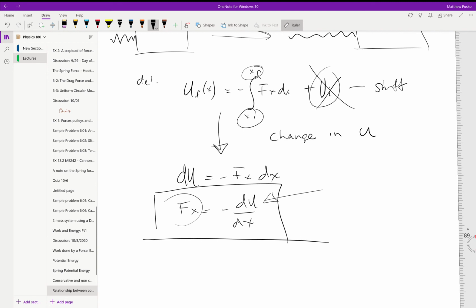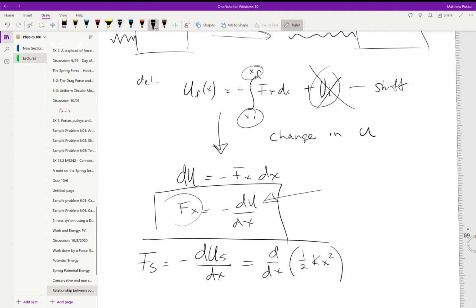So we can check this. We know what the force of a spring is, right? Let's see if it comes out right. If I take the derivative of the spring potential with respect to its displacement, what do I get? That'll be d/dx of the spring potential, which is 1/2 kx squared.